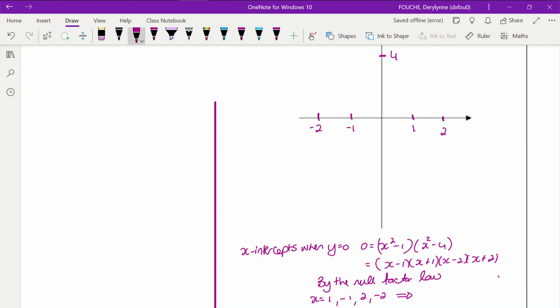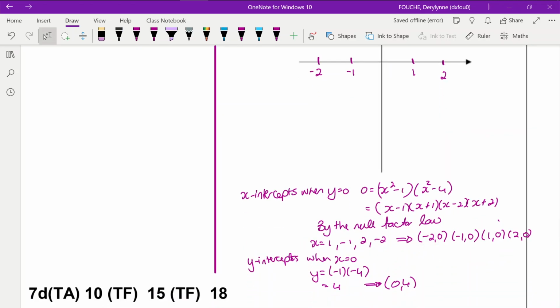So my x-intercepts are then going to be (negative 2, 0), (negative 1, 0), (1, 0), and (2, 0). My y-intercepts occur when x equals 0, so I have y is going to be negative 1 times negative 4, which is positive 4, and so my y-intercept is at (0, 4).